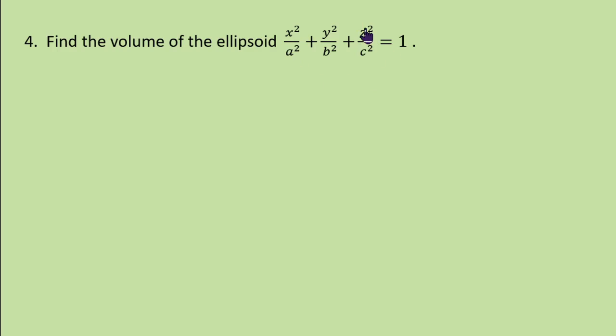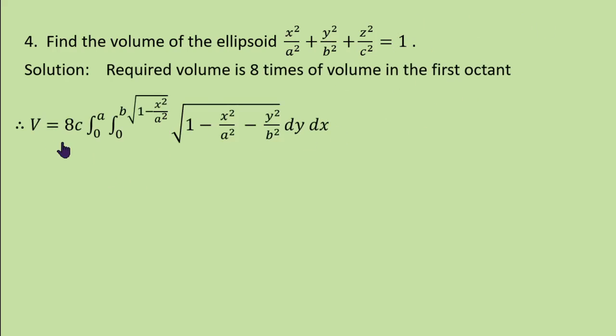Integrate z. Z is nothing but c into root 1 minus x square by a square minus y square by b square. Therefore, volume is 8 into, see this integral, x varies from 0 to a, y varies from 0 to b into root 1 minus x square by a square.